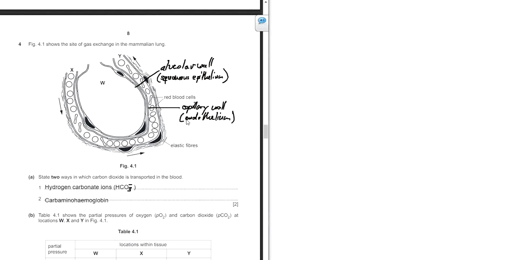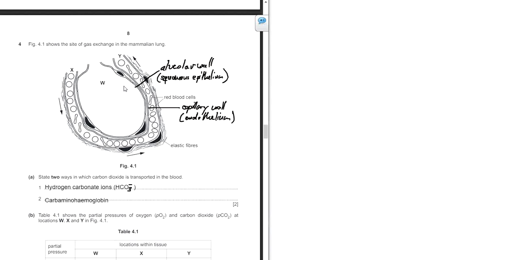So the gases diffuse from high to low partial pressure, from W to X in case of oxygen, until pressure is in equilibrium at Y. The opposite is true for carbon dioxide. Carbon dioxide diffuses from X to Y, from high to low partial pressure, from X to W, until in equilibrium at Y.